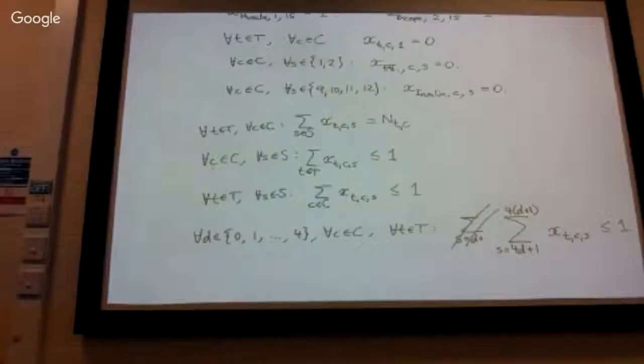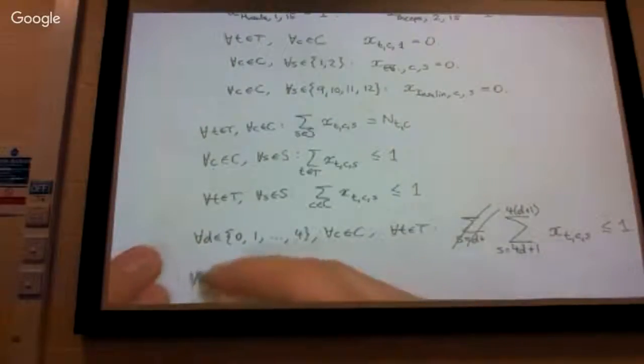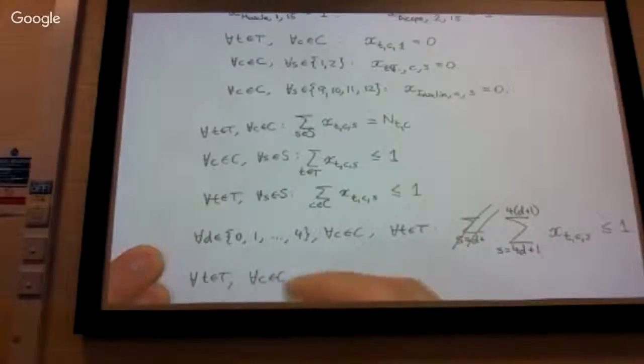Yeah, I think that covers all the constraints that are given in the problem. But we shouldn't forget that we want all the decision variables to be binary.